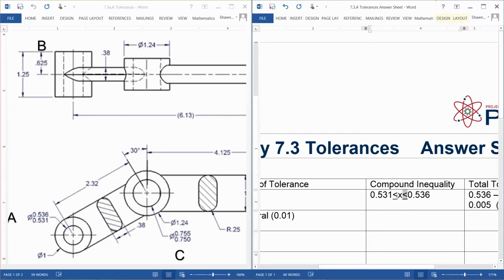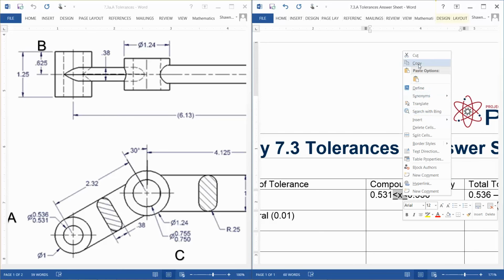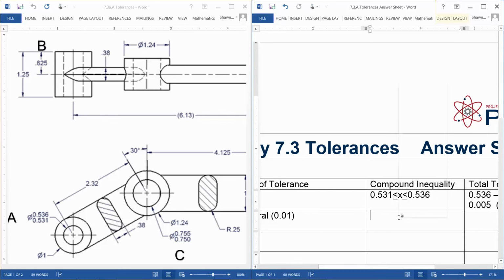I'm going to copy that so that I don't have to type that in every single time. And I'm just simply going to subtract 0.625 minus 0.01. Well, I don't know why I'm doing it on calculator, but that turns out to be 0.615.